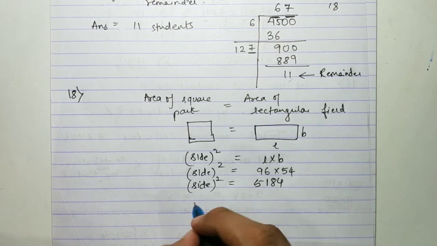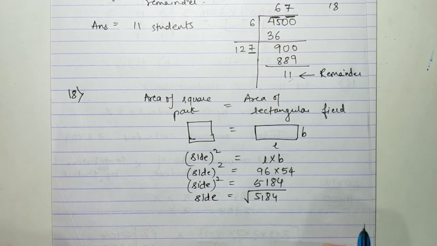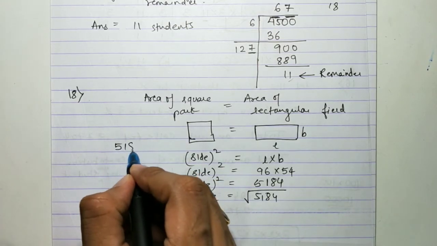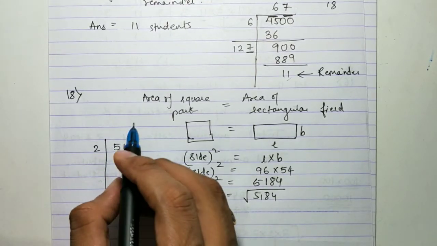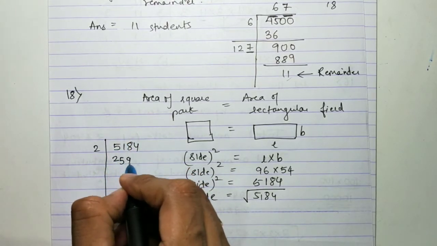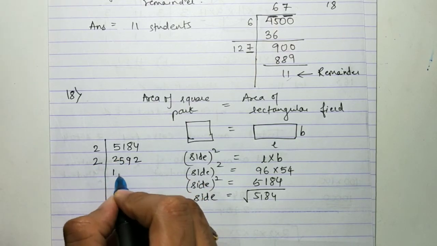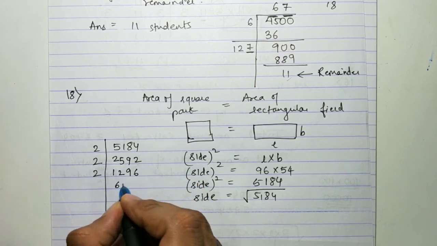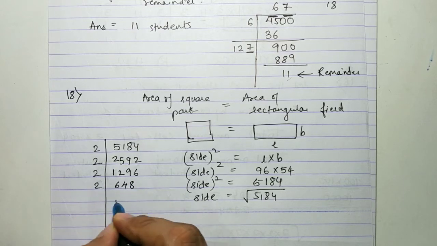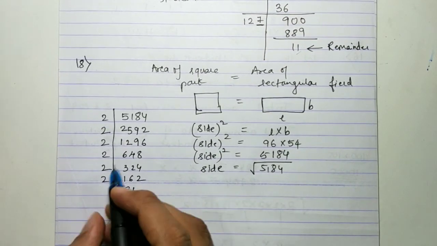5184. So what will be the value of this side? It will be square root of 5184. Let's do the prime factorization. I'm doing it quickly to save time.